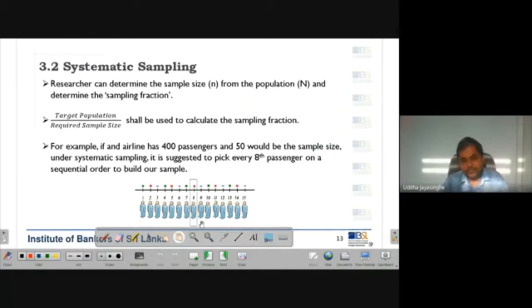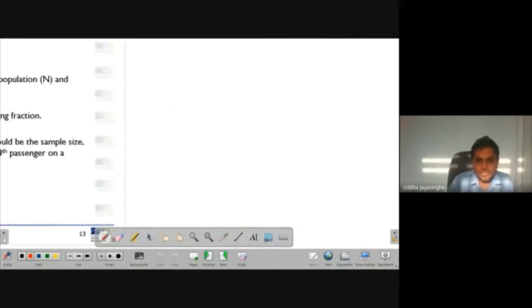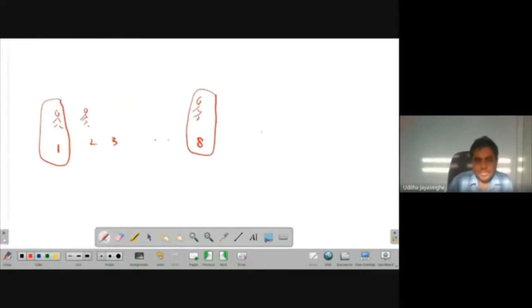If I elaborate this, you select the first person, and then you have the second, third, likewise up until the 8th person being selected. Now these two are going into our sample. Moving on, the 16th person going into the sample. Likewise.